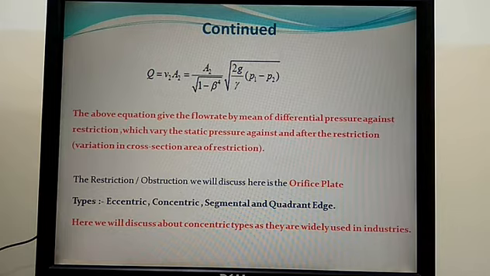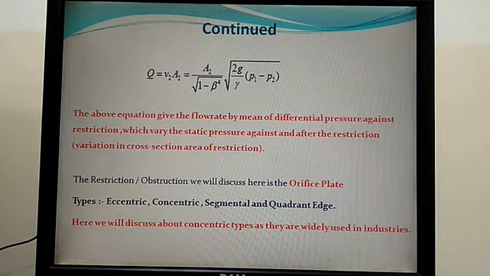Suppose you are an instrumentation engineer and you joined a process industry, and your boss gave you a task that you have to install one differential pressure measurement system in a process flow line. So what will you do first?